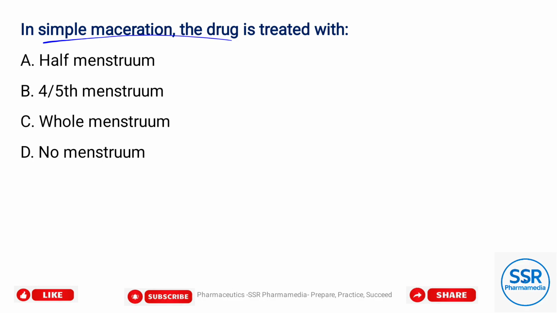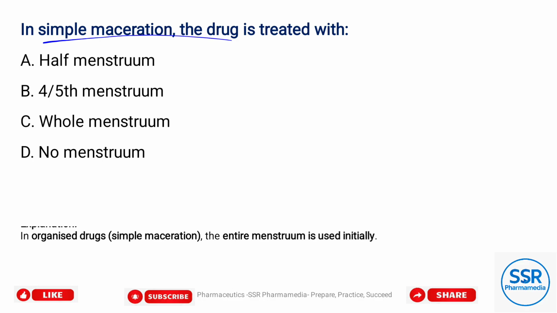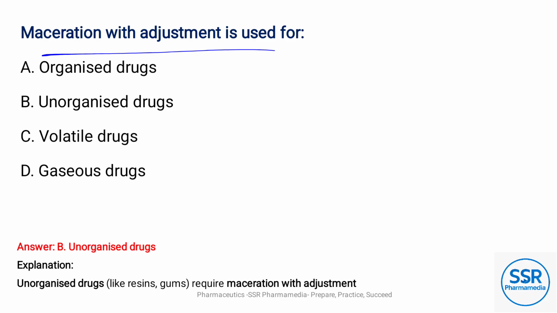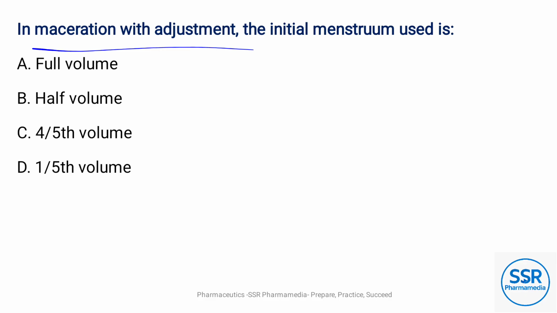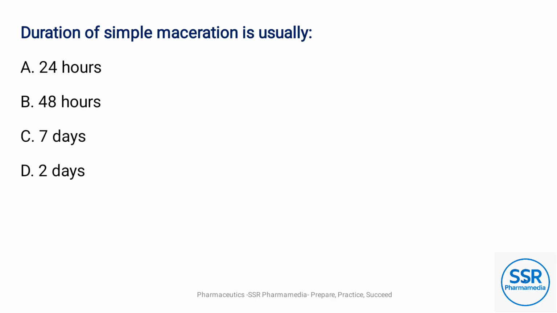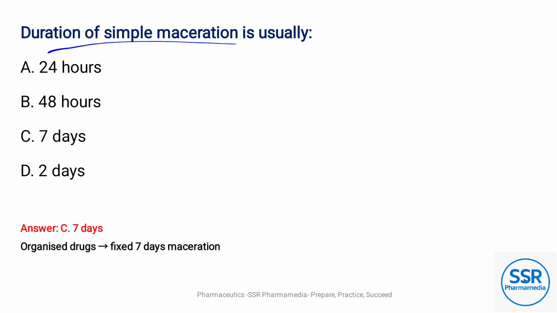In simple maceration, the drug is treated with, option C, whole menstruum. Maceration with adjustment is used for option B, unorganized drugs. In maceration with adjustment, the initial menstruum used is option C, 4/5 volume. Duration of simple maceration is usually option C, 7 days.